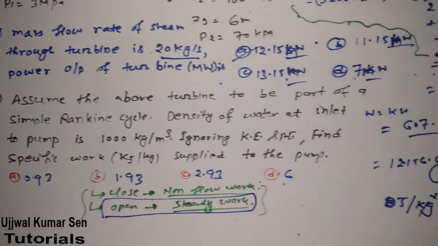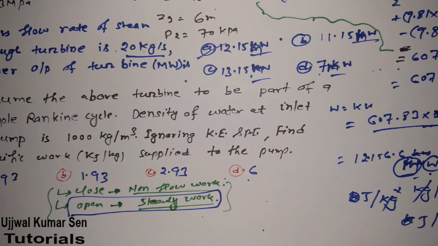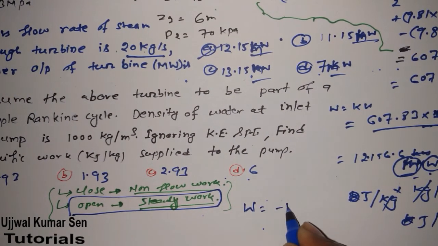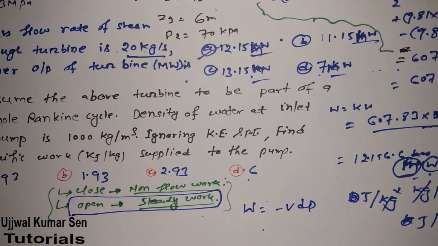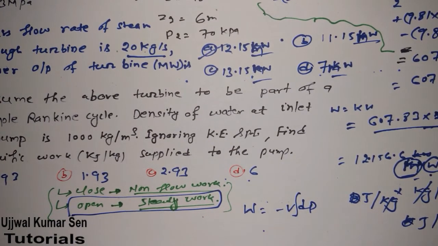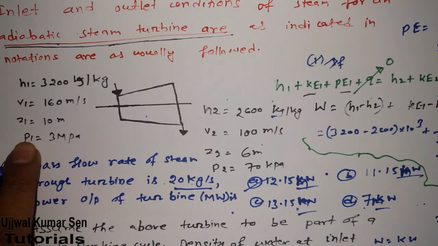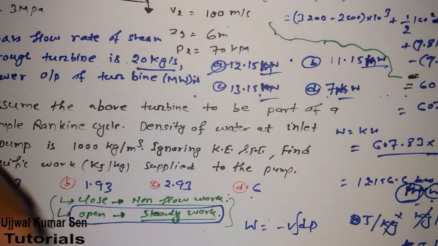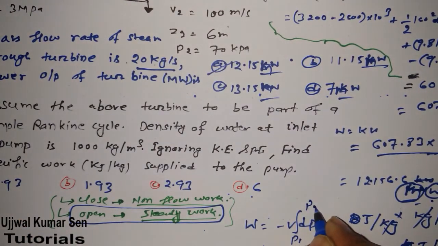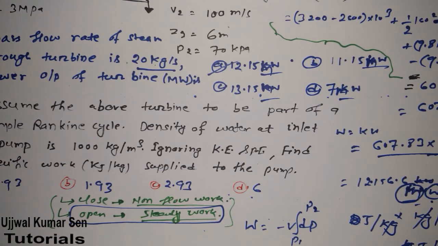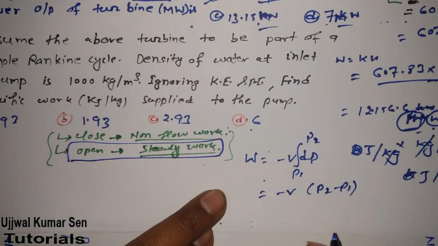So the general formula for an open system is W equal to minus integral of VdP. If I apply integration, because pressure is changing here from P1 to P2, now minus V times (P2 minus P1) will come.